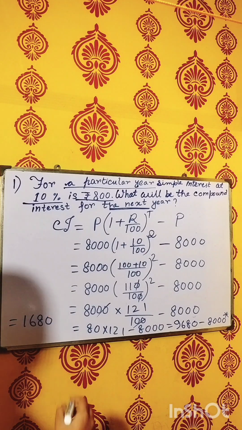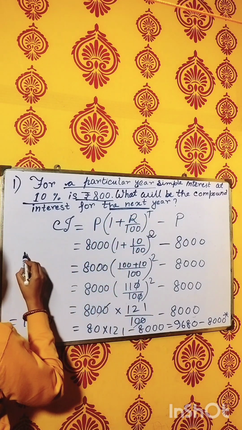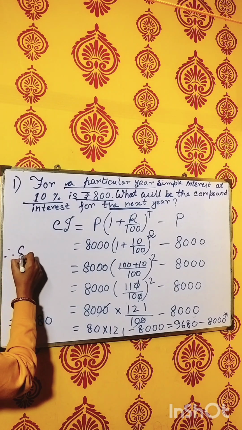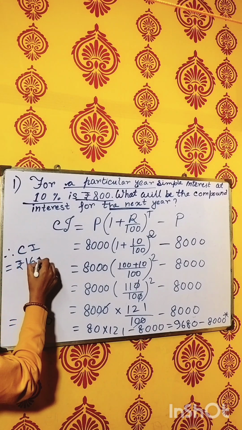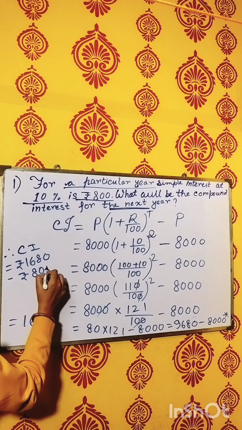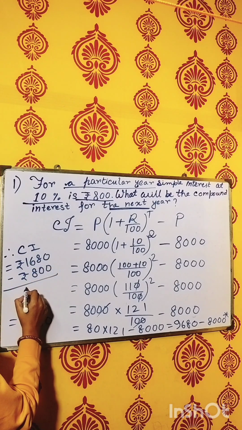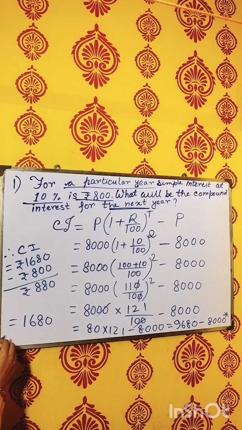That means the compound interest for the next year will be ₹1680 minus ₹800, that means ₹880. I hope all of you have understood very well.